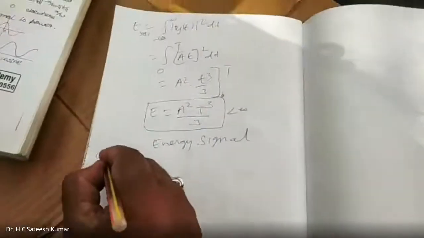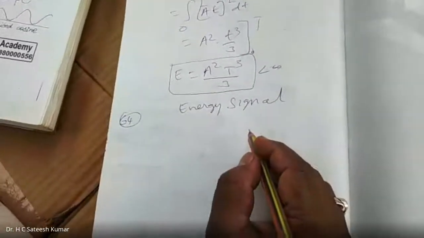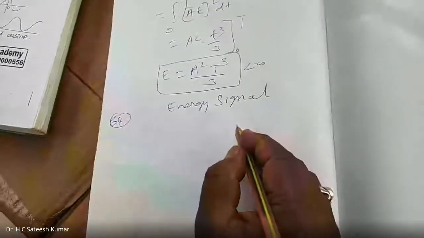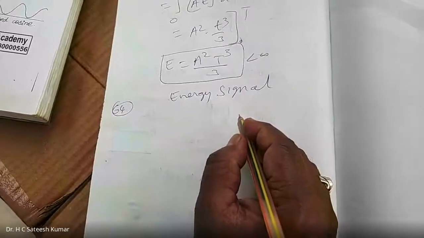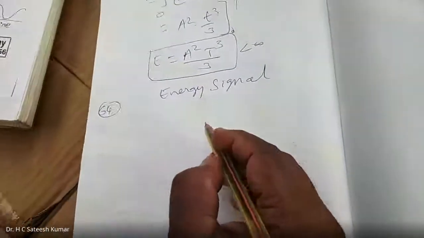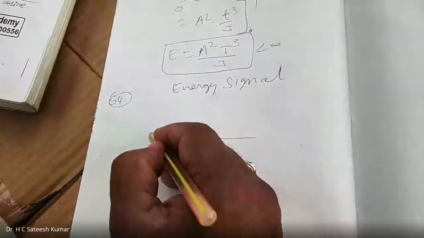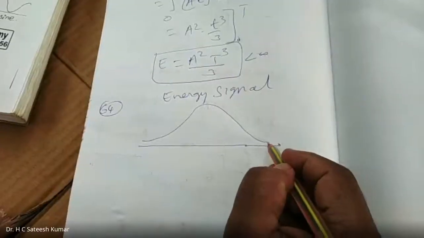Problem number 64. This is also an examination problem, for 8 marks in one paper and 5 marks in another paper. It is taken from your prescribed textbook, Simon Haykin. The raised cosine pulse, he said, not spectrum.